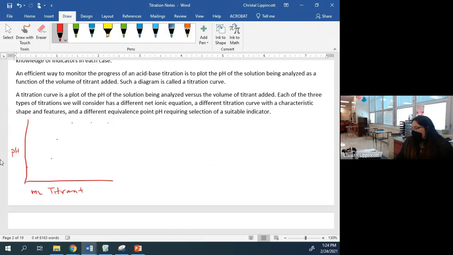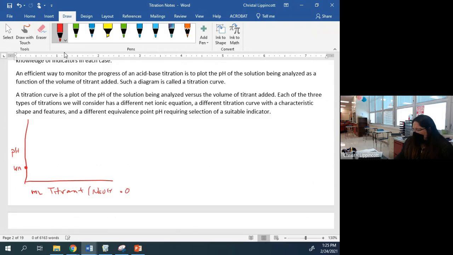But this year, what we do is we actually use pH probes. So you're going to be starting out with 0 milliliters of this, and you'll have an actual pH in your beaker. It's going to be a weak acid that you're starting with here, and you're going to be titrating that with sodium hydroxide.